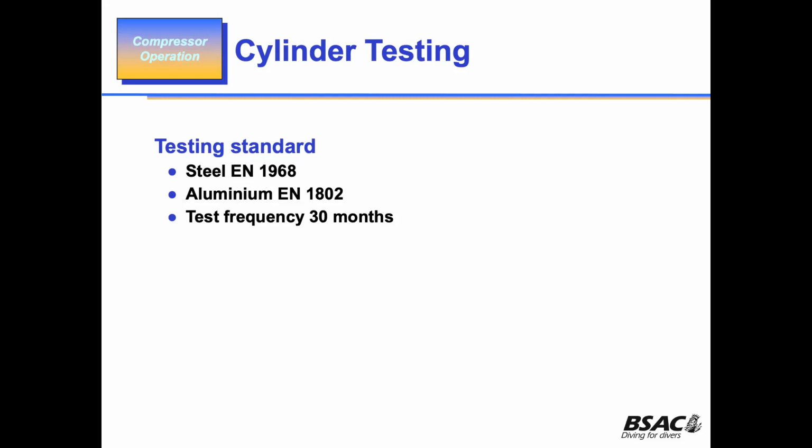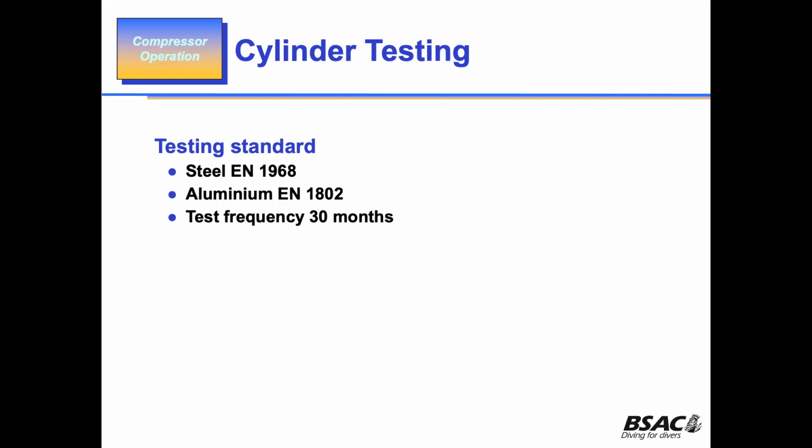And the test frequency is every 30 months, which is 2.5 years, and then 5 years. So on a regular basis, at 2.5 years I do a visual, at 5 years I do a hydrostatic. Let's say I bought my cylinder and it was marked 0120. When would I need to have that cylinder inspected on the first run? June 22.